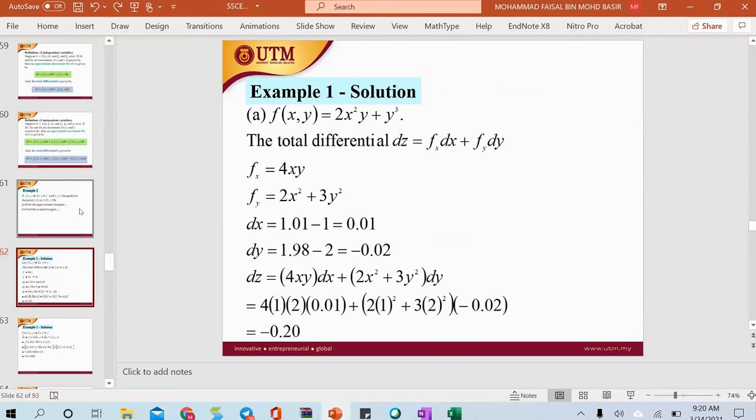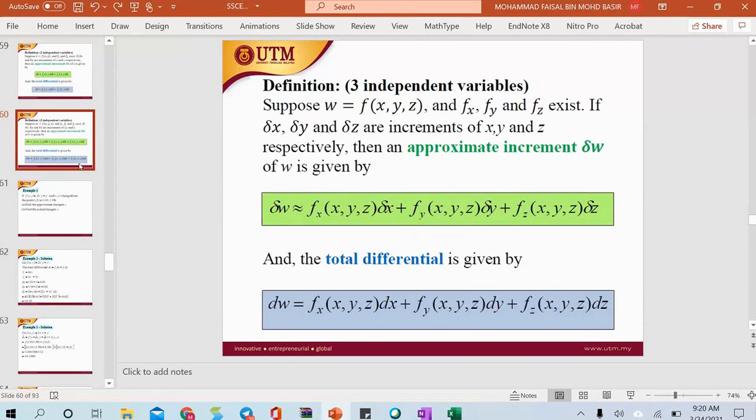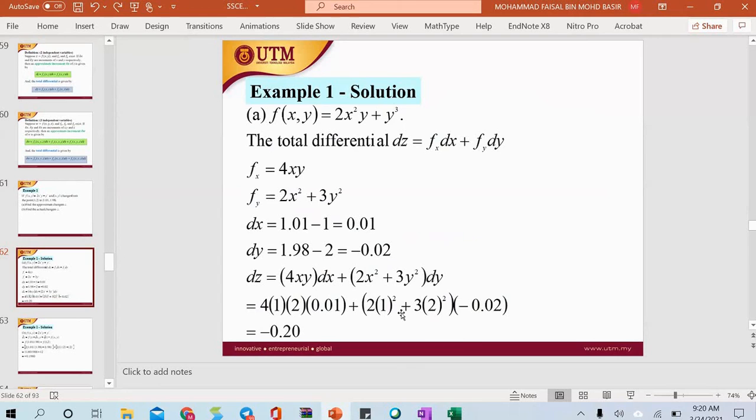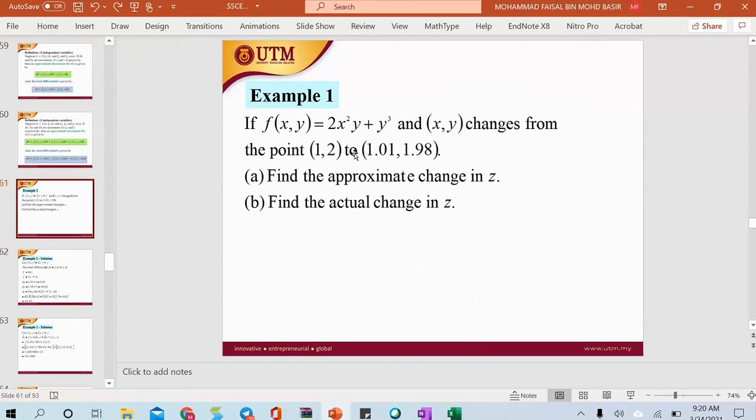They look the same because everything is the same, just del and d. To find dx and dy, you have to subtract, because you have changed that.